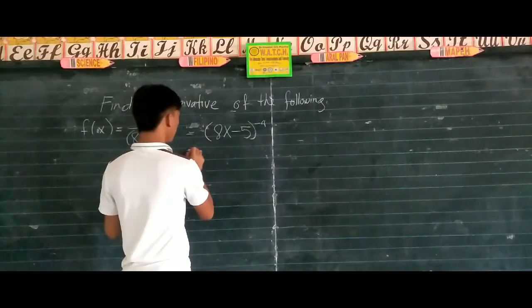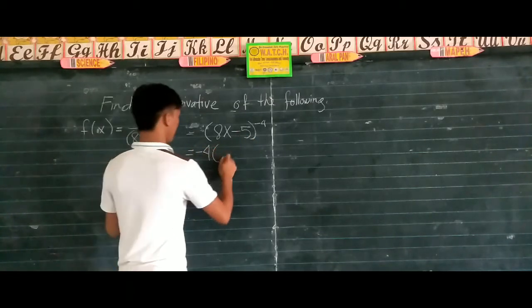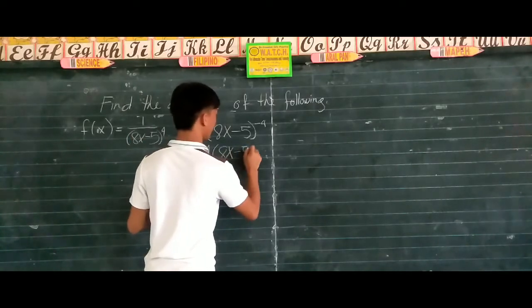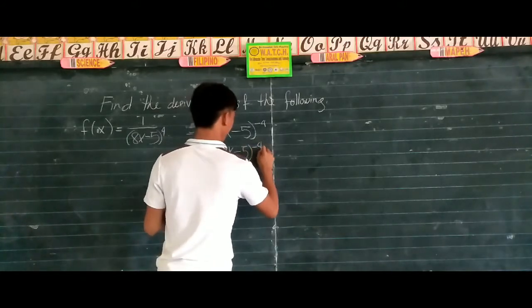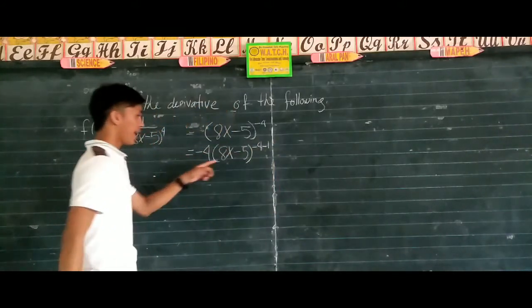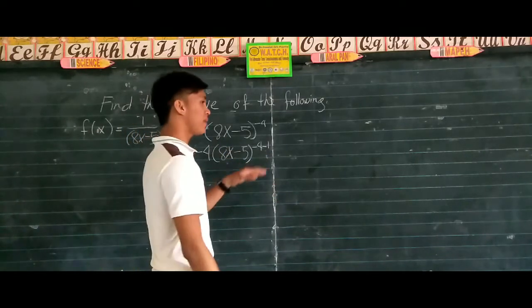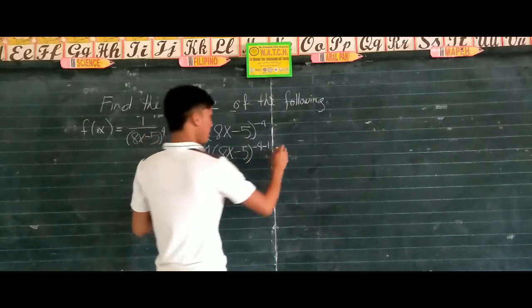First, let's put negative 4, then copy 8x minus 5 raised to the power of negative 4 minus 1. 8x minus 5 multiplied by the derivative of 8x minus 5, which is 8.